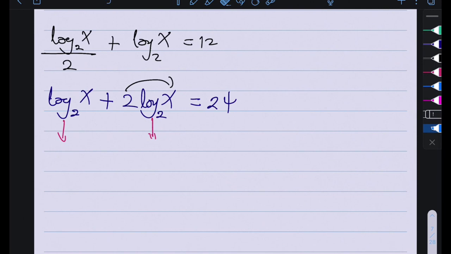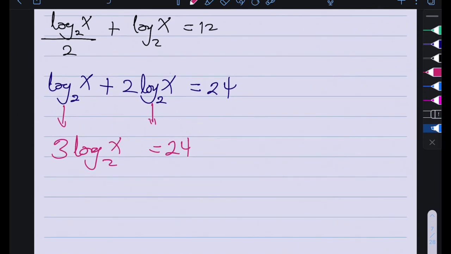What you actually have here is log x base 2, then 2 log x base 2. So that in itself is like 3. That's 3 log x base 2 is equal to 24. I wanted to see if there could be some smart way to do the thing, but it doesn't work, sorry.